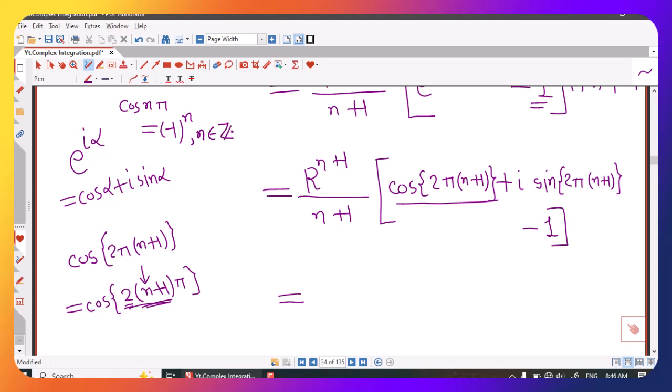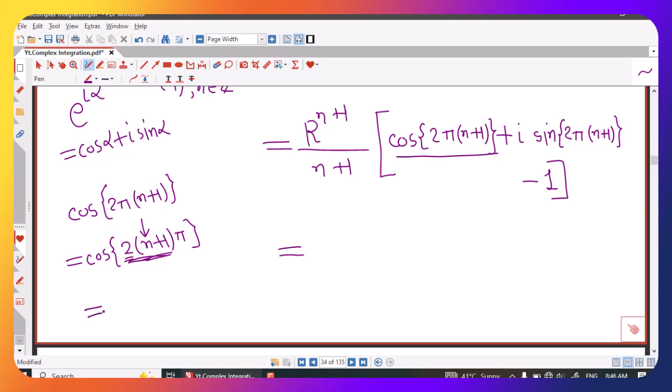So here 2 into n plus 1 is an integer, therefore we can write this as minus 1 to the power 2 into n plus 1, and because I have 2 here, it is the square of minus 1, and that will give me 1. So this quantity is 1.